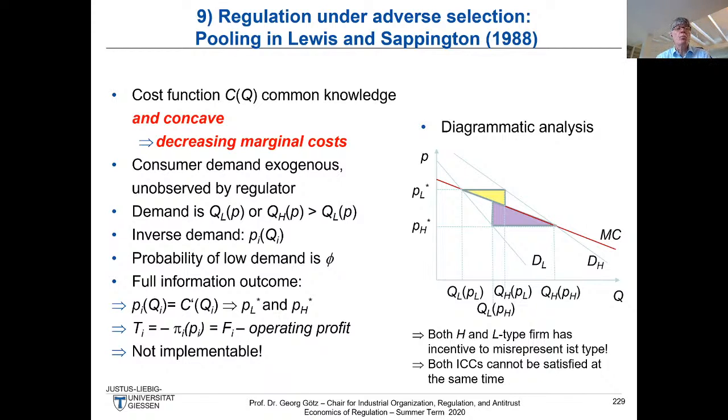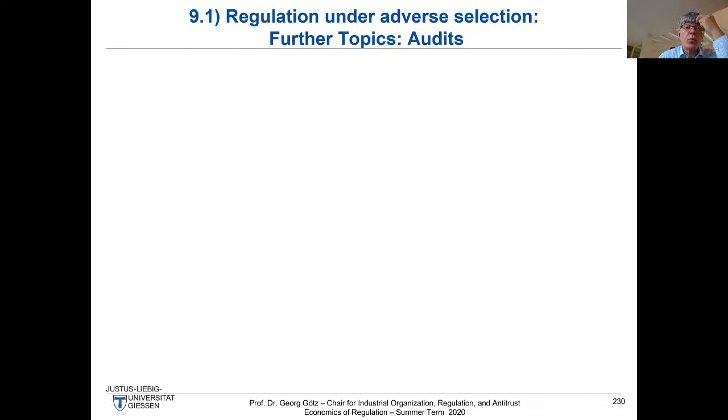Thankfully, there are not so many situations where we cannot implement that, but nevertheless, you will see in our next part, when we discuss commitment, it might also be similar, that you just don't want to know what the type is, and you choose a pooling equilibrium voluntarily.